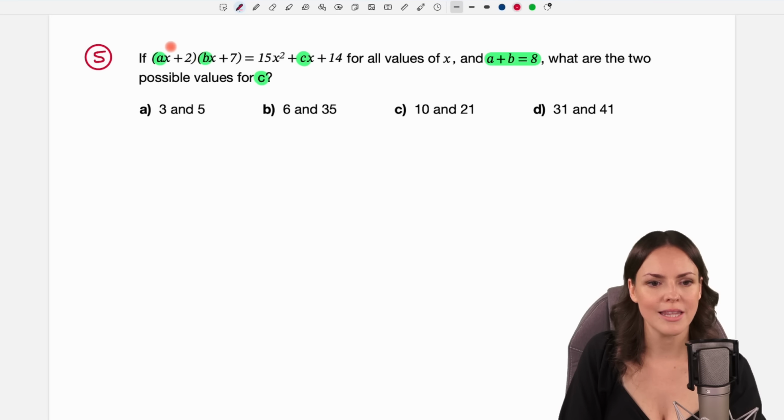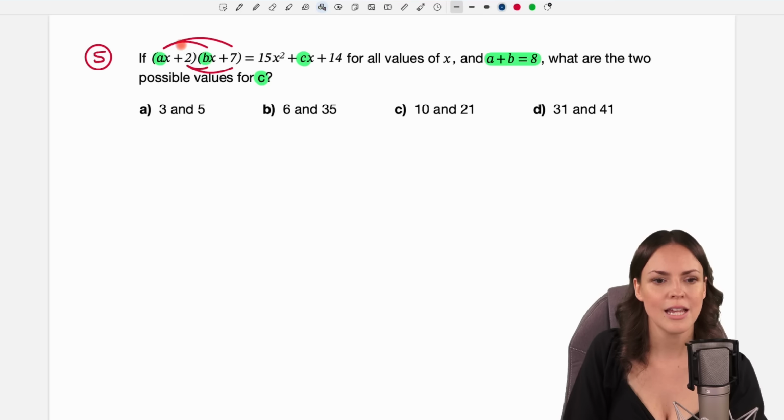So to get rid of the parentheses, we can multiply each element from the first parentheses by each element from the second parentheses. So we have ax times bx. We can do a times b first, so that we have ab, and x times x equals x squared.